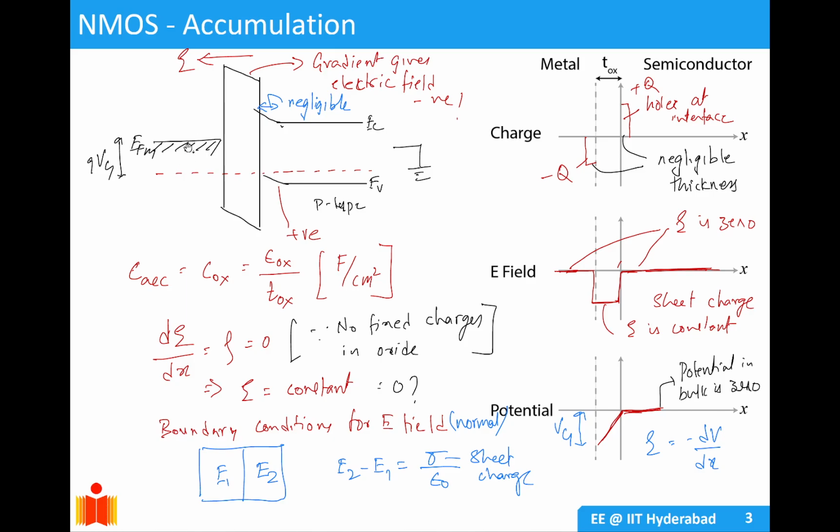Your metal band shifts upwards, and because of that, your Fermi level at the semiconductor also shifts upwards. So there is an overall net upwards band bending.